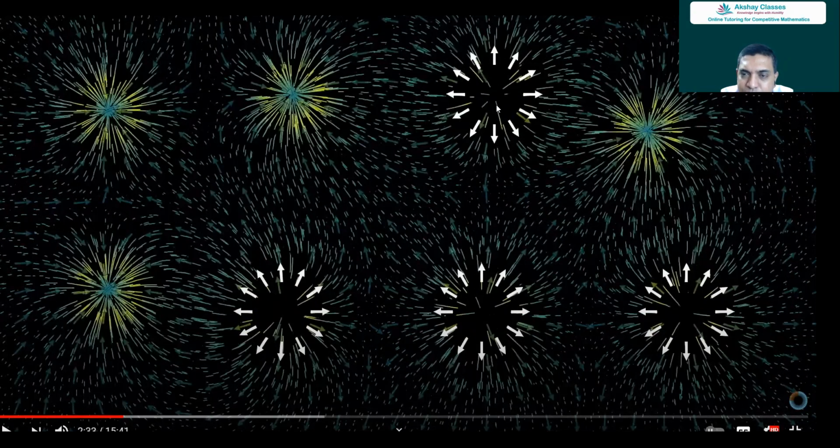So the fluid comes out from the bottom, and if we are studying this area, it is like a fluid source. So for a source, the direction of vectors move away from the source. So these are sources of a fluid flow.